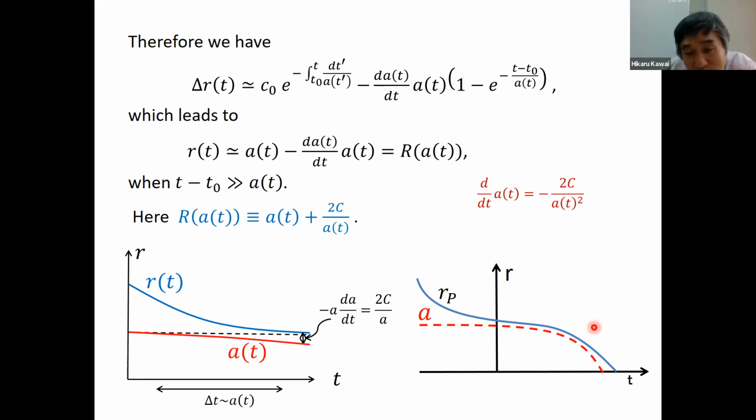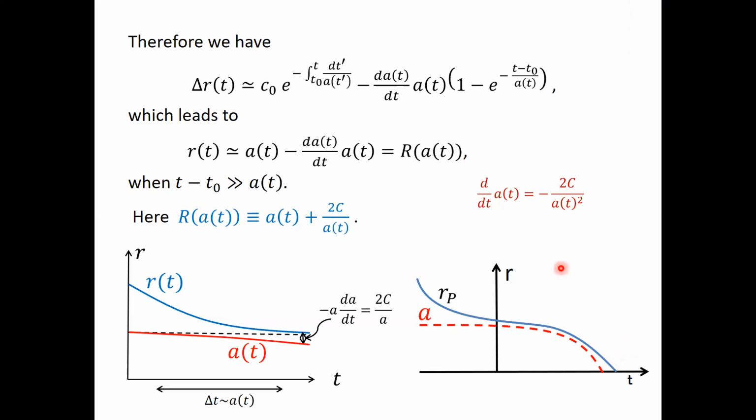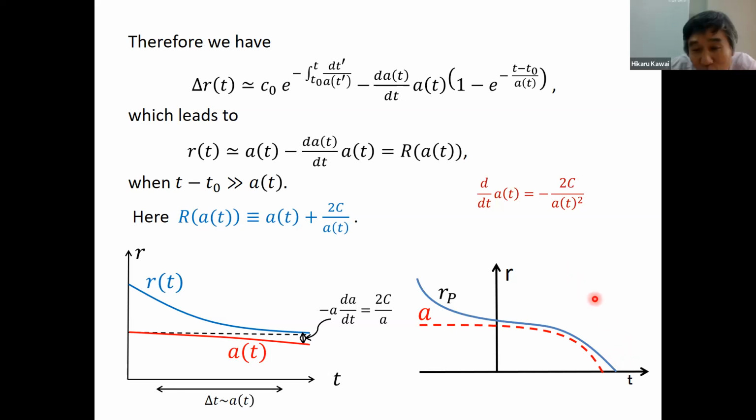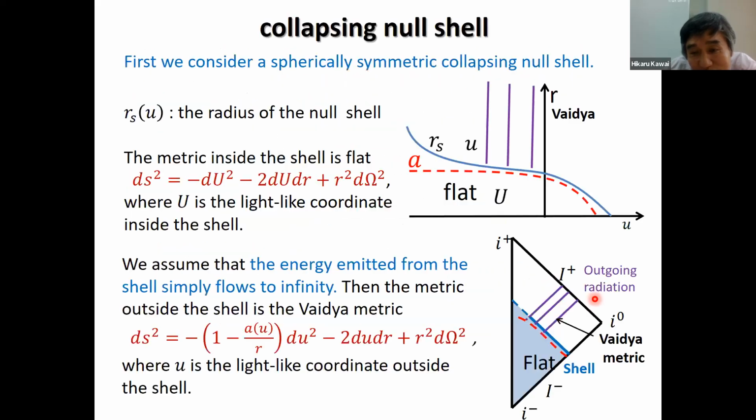So there is no singularity here. This is not a matter of coordinate patch; it is coordinate independent. Our Penrose diagram is exactly this one. This becomes 0, so this is outgoing Vaidya, and we don't have any singularity here.